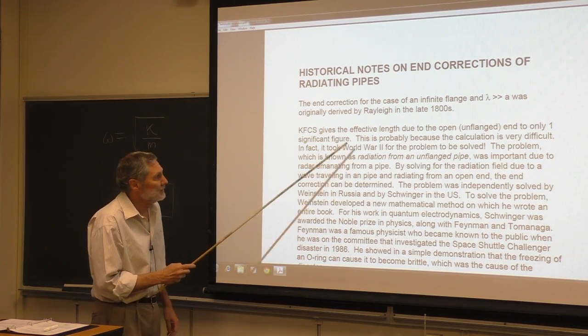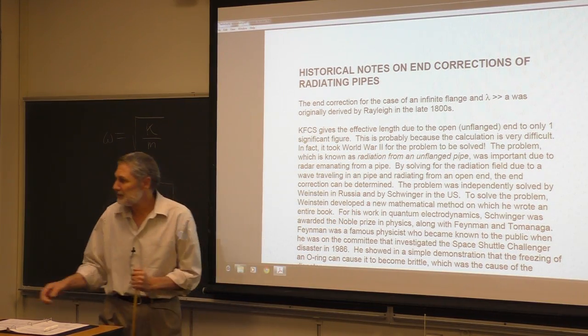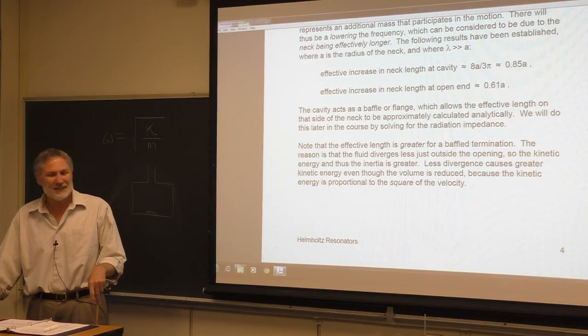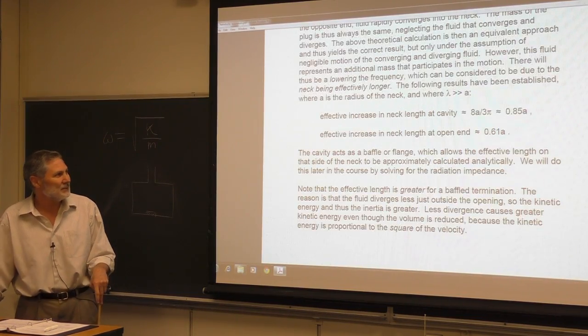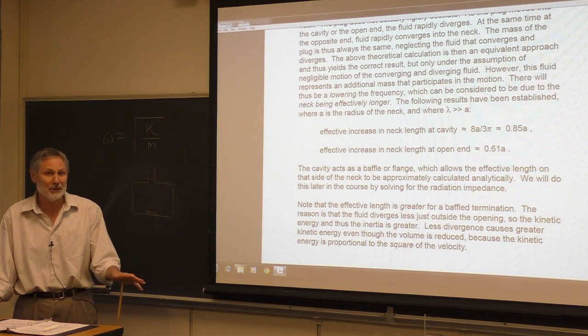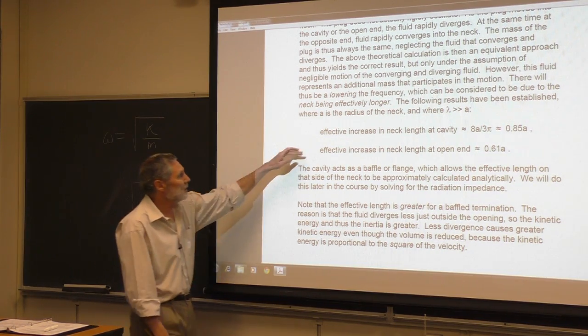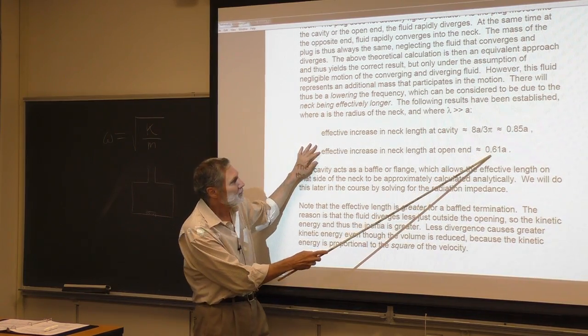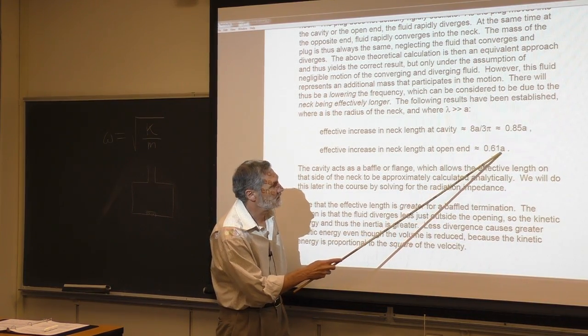KFCS gives the effective length due to the unflanged to only one figure. Now that may not seem important to you, but I see it as an indication this is complicated, okay? And again, this problem was not solved until World War II. It was solved because of radar, and I'll talk about that in a minute. But anyway, KFCS have 0.6A.